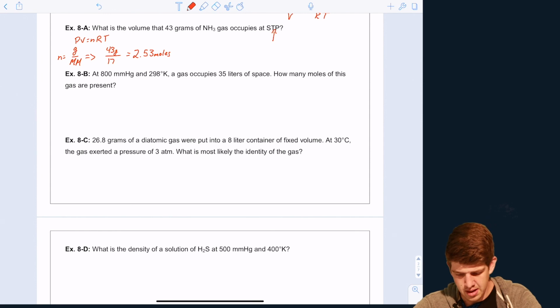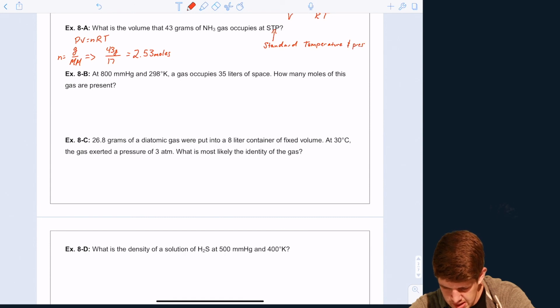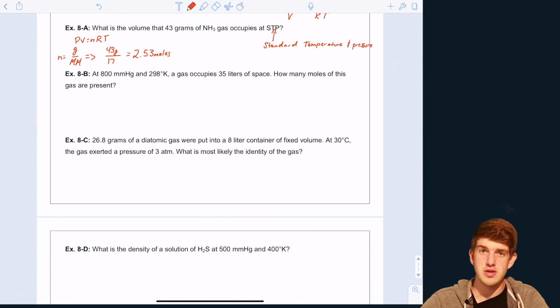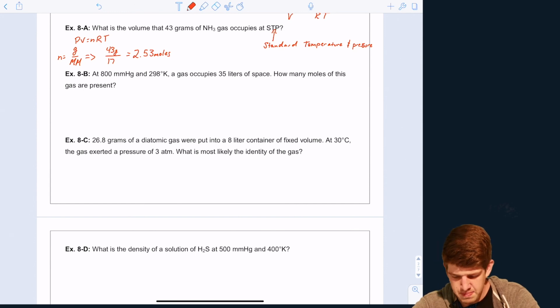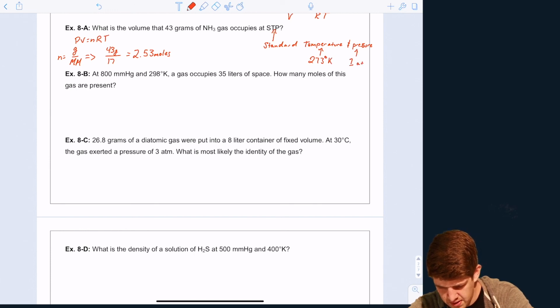So STP just means standard temperature and pressure. So it's kind of like these are constants. At STP, the temperature is 273 Kelvin. The pressure is 1 atmosphere.